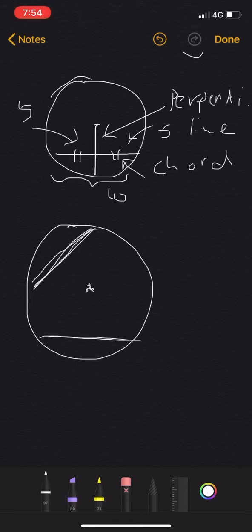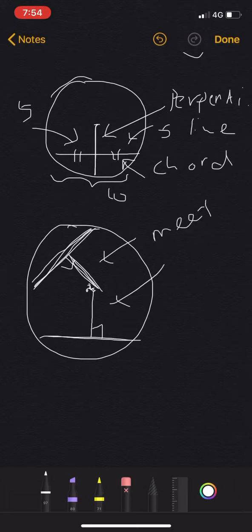So kalau awak buat perpendicular bisector dekat chord awak ni, 90 degree dia mesti akan meet at the center. Dia mesti jumpa dekat center. Tak kisahlah awak ada berapa banyak pun chord, mesti perpendicular line tu meet at the center.